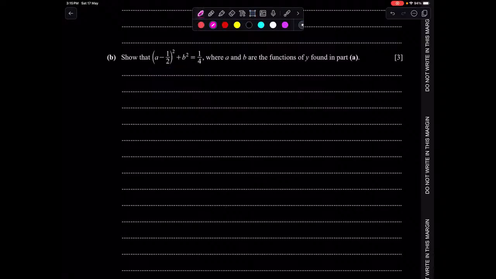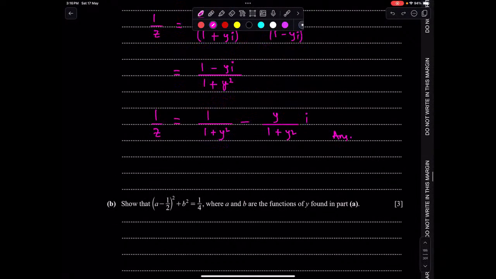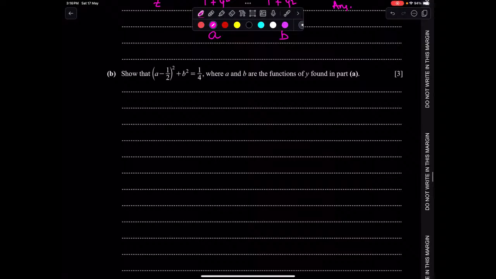Now coming back to this part, we have to prove this equation, and for that we have a, this is a and this is b. We just need to substitute a and b into this equation.